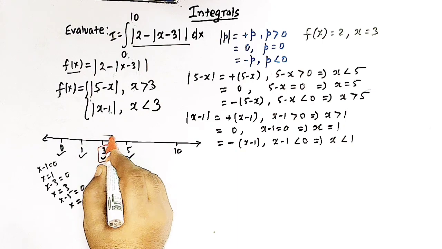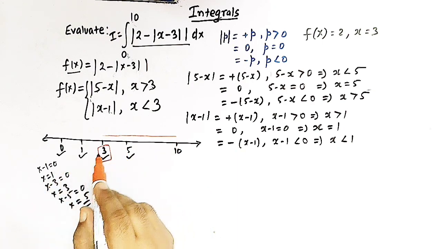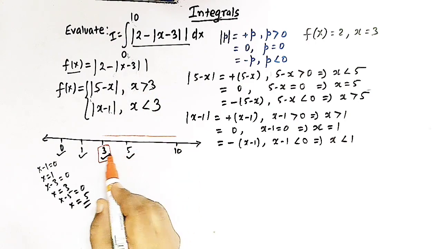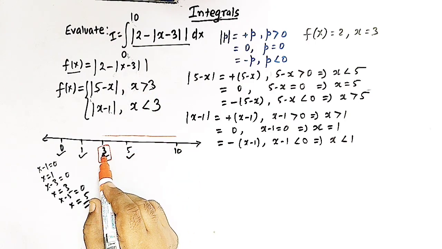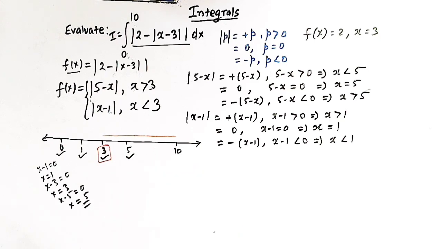So we have to go like this, right? So here when we have x greater than 3, then we can form two intervals. The first one is from 3 to 5 and the other one is from 5 to 10.